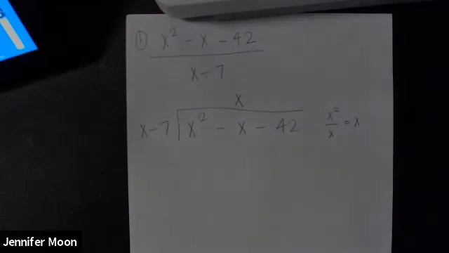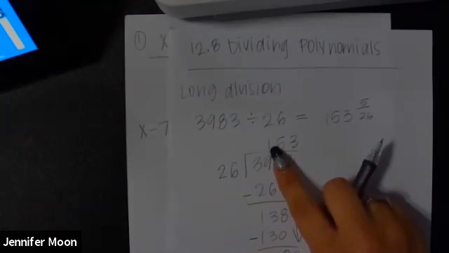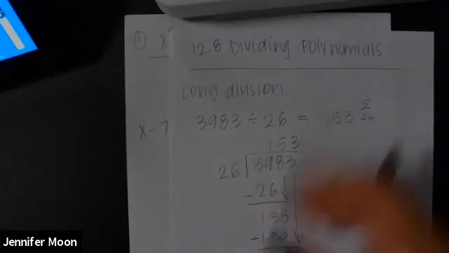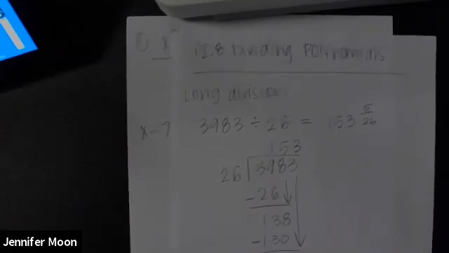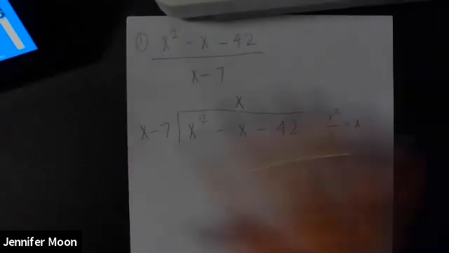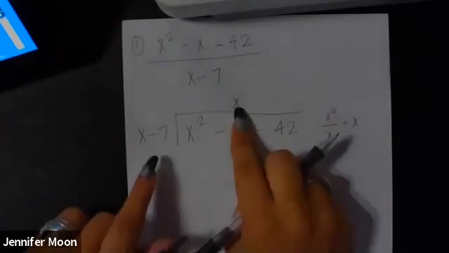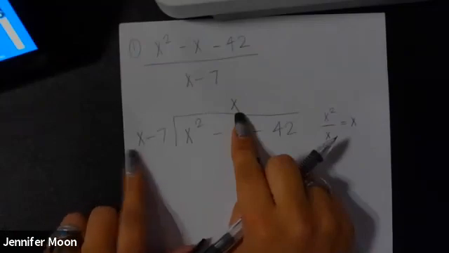Just like here, when I did the division and I had my 1, the next step was to multiply. So you do division, multiplication, and then subtraction, bring down. Division, multiplication, subtraction, bring down. That's the process, okay? So we just did the division. Now we need to do the multiplication. This multiplies to this whole binomial.